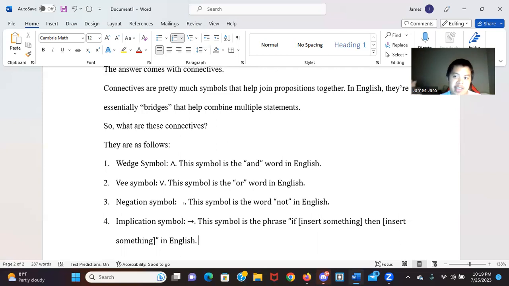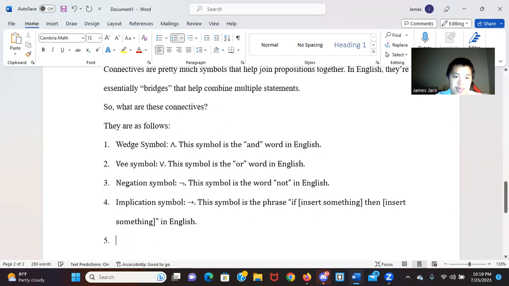But obviously, I said that there were six symbols. There's only four of them on this paper. So the question is, where are the other two? The other two are kind of interesting. We also have the biimplication symbol. This one is the left and the right arrow.